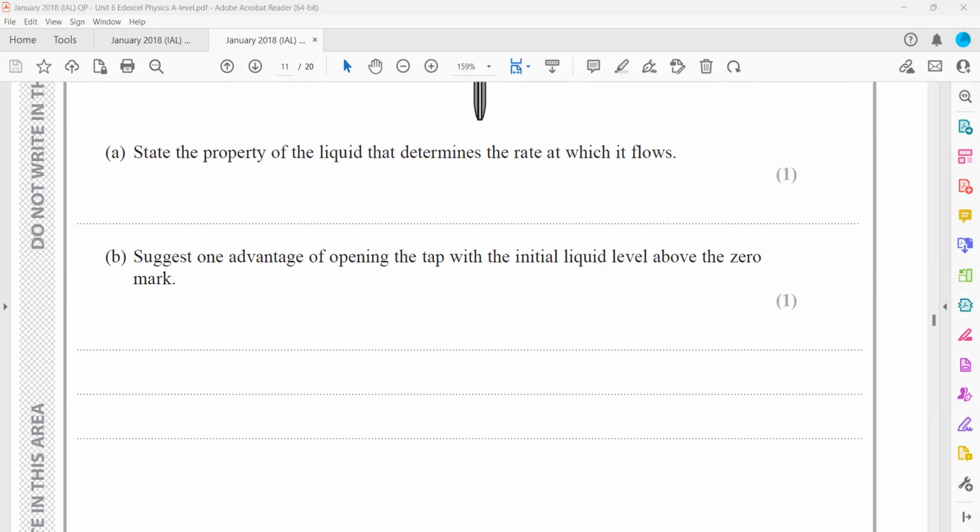Whenever you're reading two values simultaneously or using two operators simultaneously, for example looking at the level and starting the timer, there will be uncertainty because you will take time to react, like opening the tap at the same time as starting the timer.